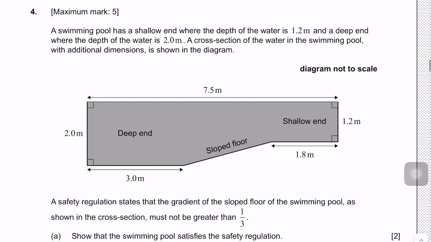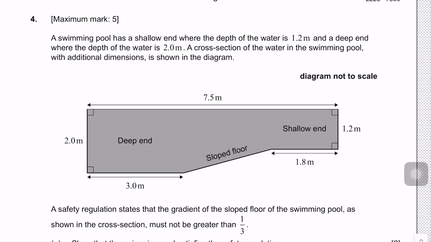Okay, let's go on to question 4. A swimming pool has a shallow end where the depth of water is 1.2 meters and a deep end where the depth of water is 2 meters. A cross-section of the water in the swimming pool with additional dimensions is shown in the diagram.